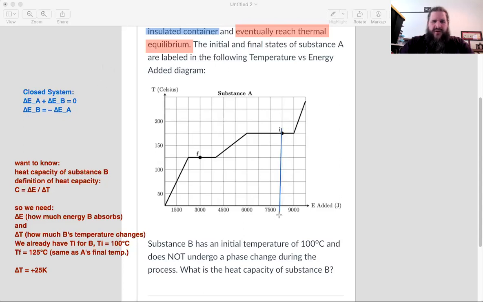It looks like A starts halfway between 7,500 and 9,000, so that's 8,250, I think, and ends at 3,000.